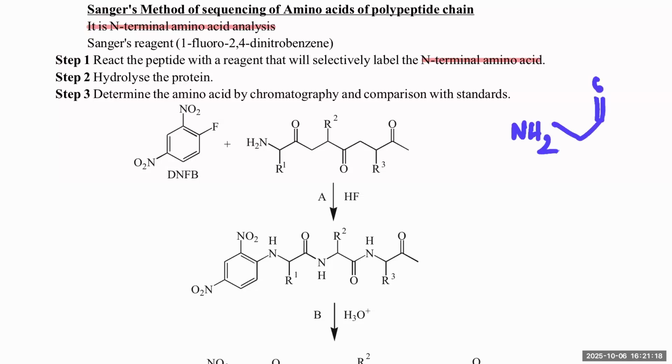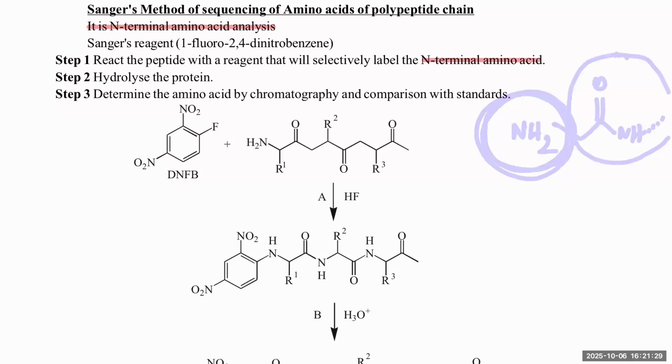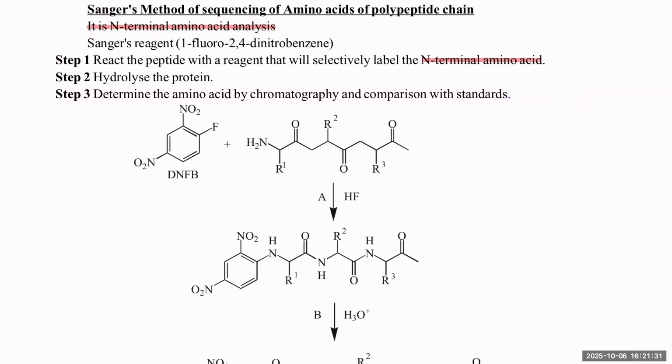And from here we can have a double bond NH, and this can keep on going, some kind of amino acid sequence here. But on the N-terminal, there has to be an NH2 group. Then you take that NH2 group and react with DNFB, dinitrofluorobenzene. When you do that, fluorine can be removed and nitrogen can be attached here.